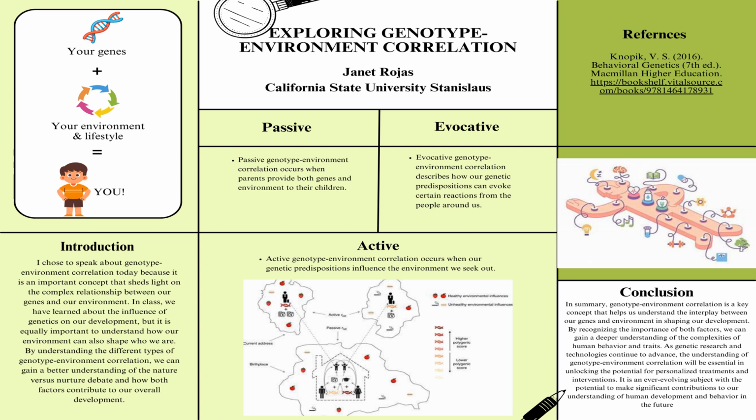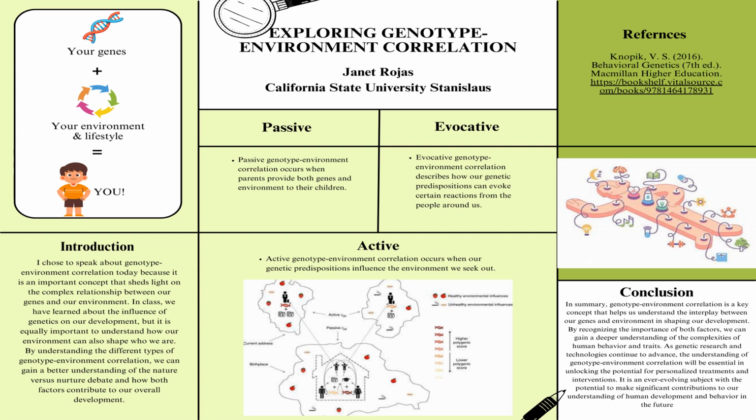This basically means that even if we are genetically predisposed to certain outcomes, our environment can still play a role in shaping our outcome. Ultimately, it is important to consider both genetic and environmental factors when looking at the development and expression of traits and behaviors.